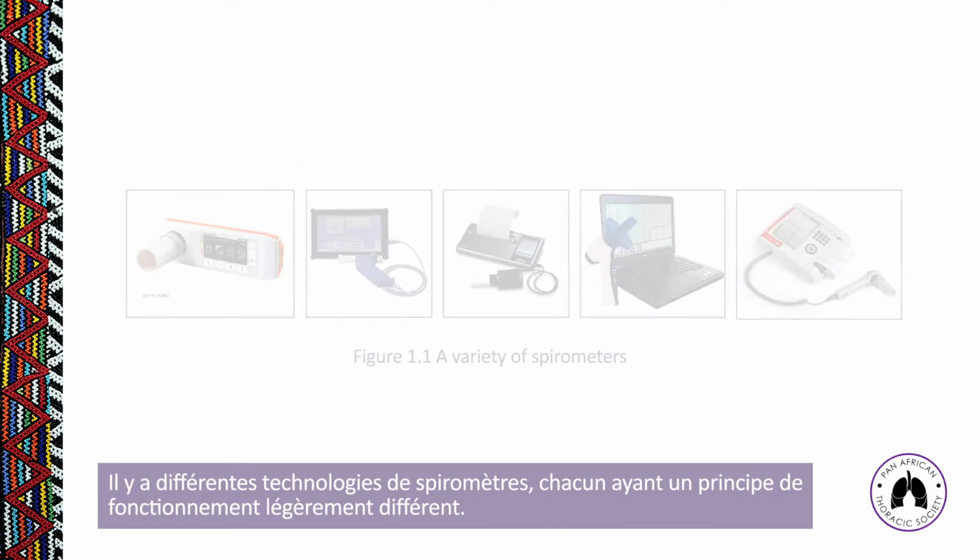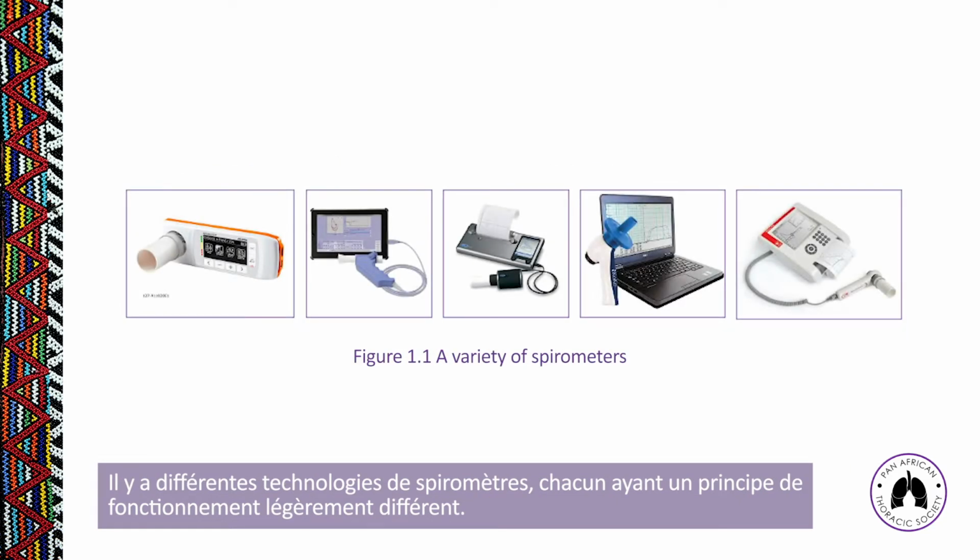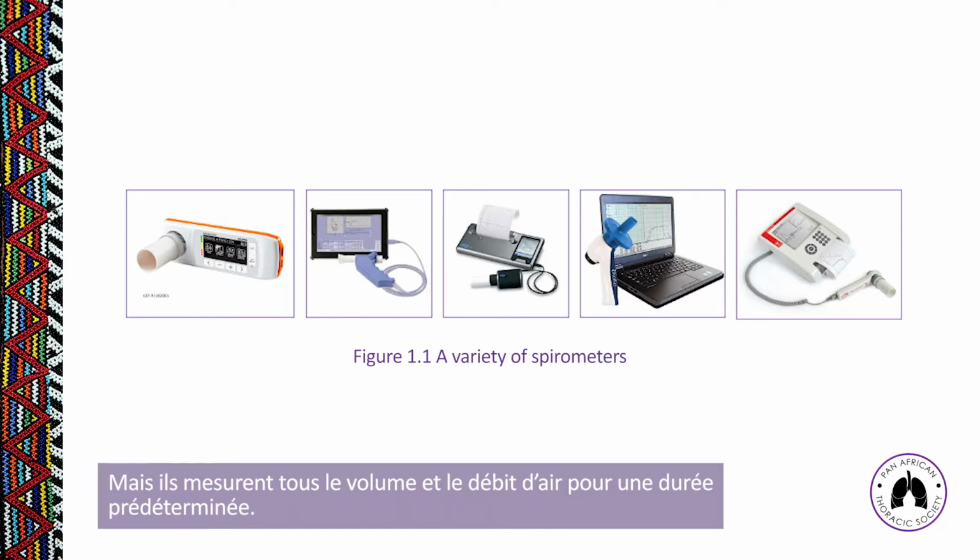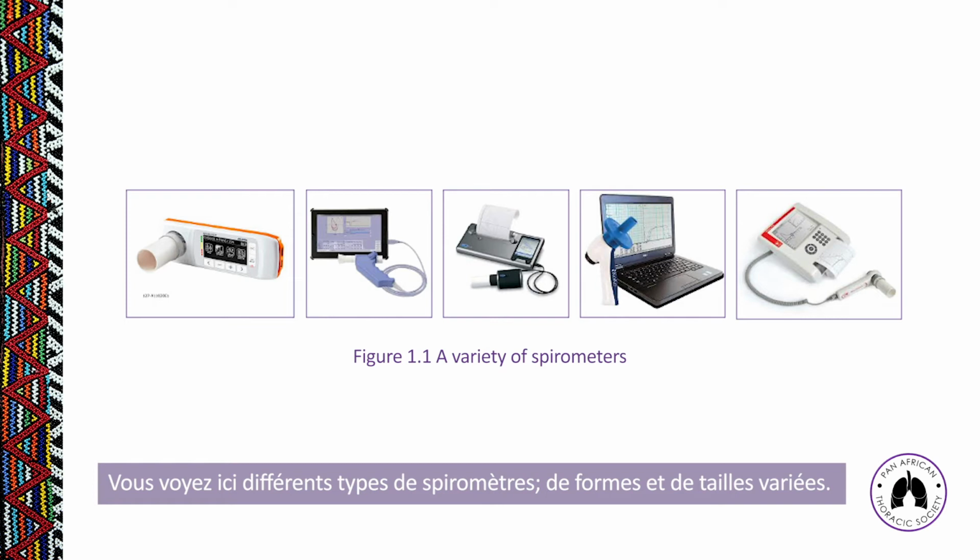And there are different types of technology in spirometers, and each one works on a slightly different operating and measuring principle. But at the end, they all measure, as I said, volume and flow of air over a period of time. So what you're seeing in this diagram, in figure 1.1, is a variety of spirometers. So you can see that spirometers come in different shapes and sizes.